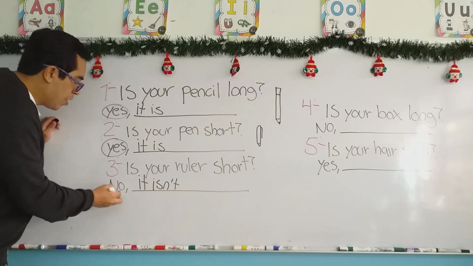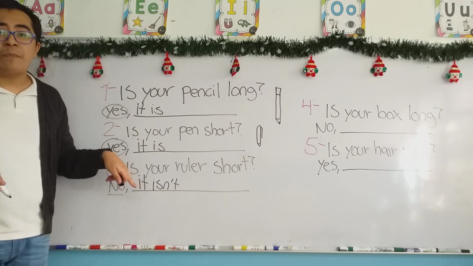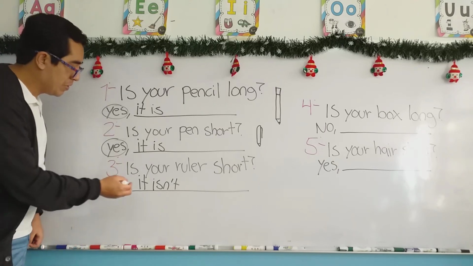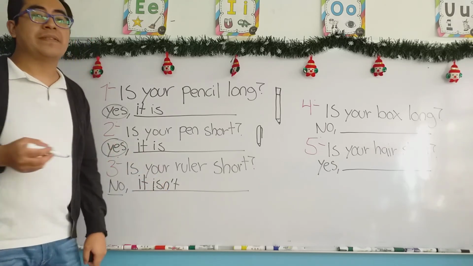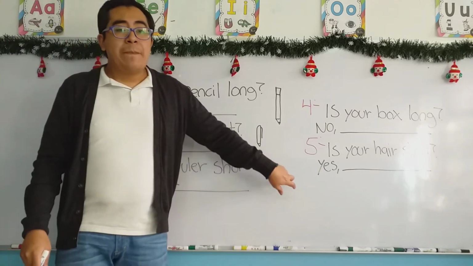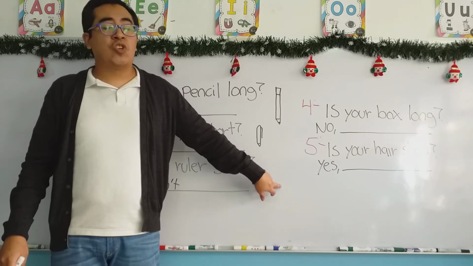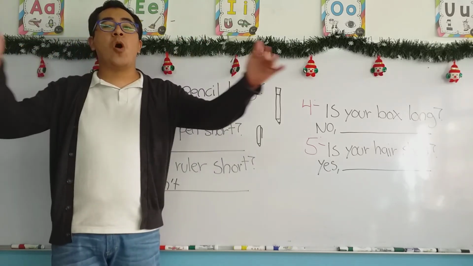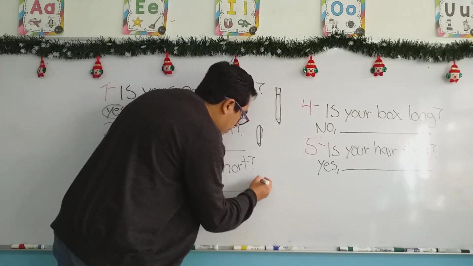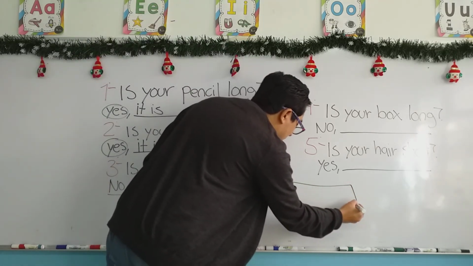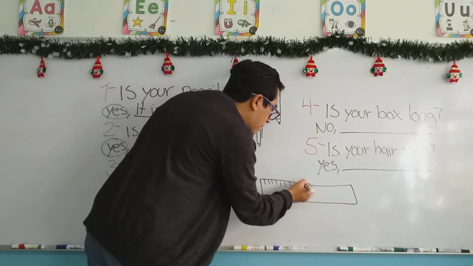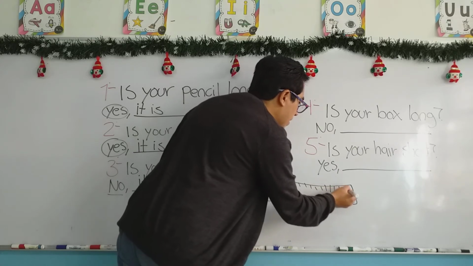Once again, we don't write no again because it's already written. We only complete the answer. It isn't. Okay? And the object, because the ruler is not short, that means it's long. That's the ruler.